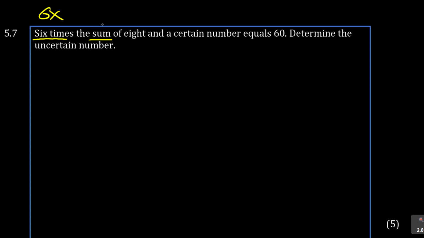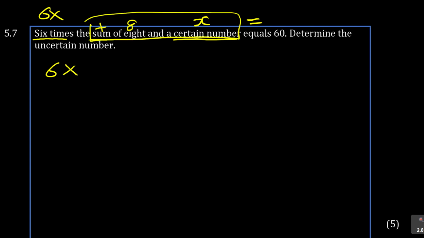What does sum mean? Sum means plus. Sum of, 6 times the sum of 8, there is 8 and a certain number. That word certain number, you can call it x, we don't know the number, equals, there is an equal sign, 60. So they are saying, if I take 6, then I multiply the sum. What is a sum?